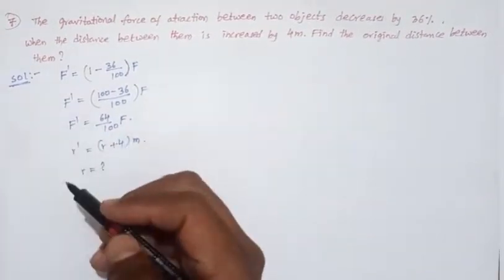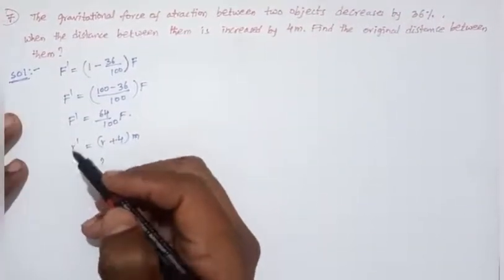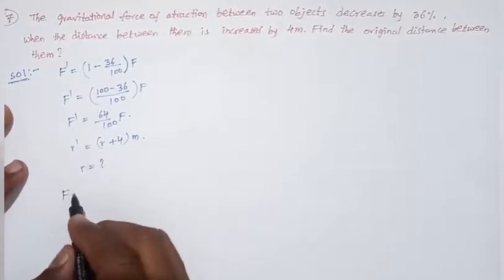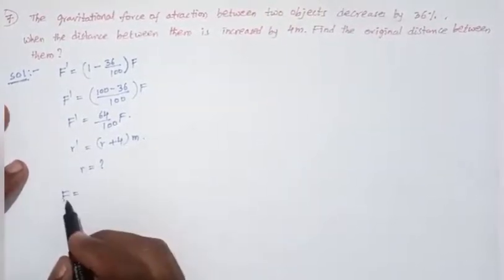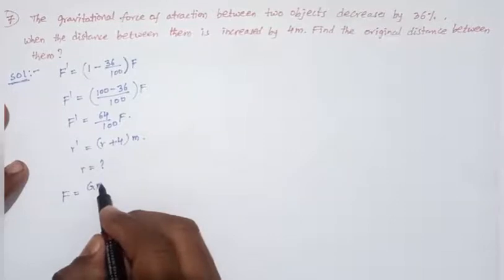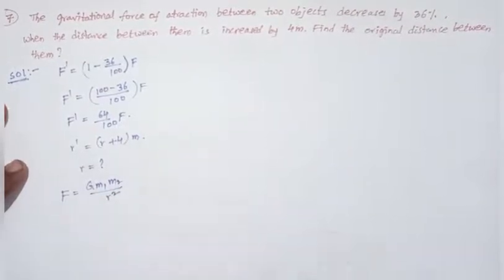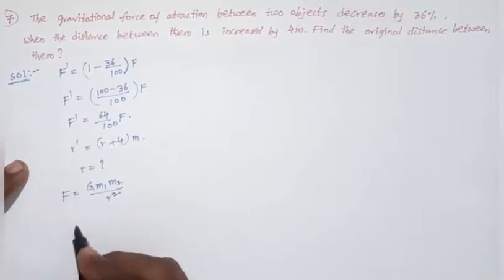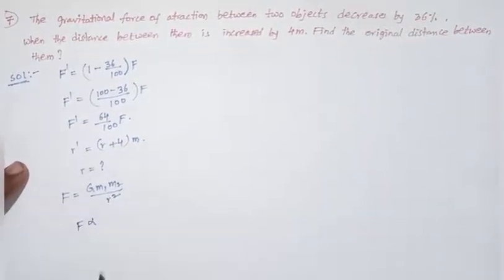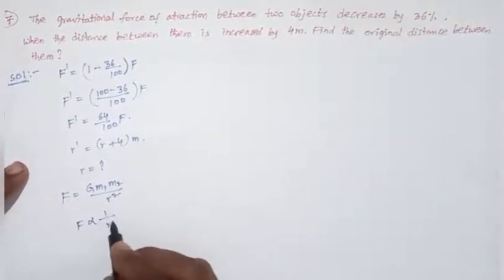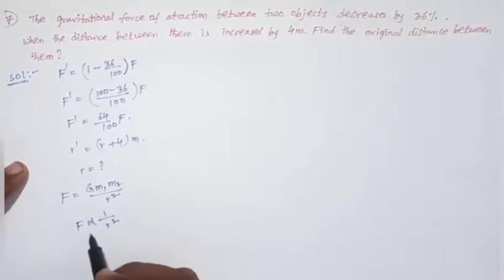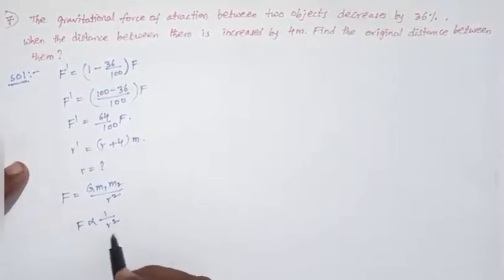Already we know that the gravitational force F equals G m1 m2 by r square. So the force is directly proportional to 1 by r square, that is, the force is inversely proportional to the square of the distance.